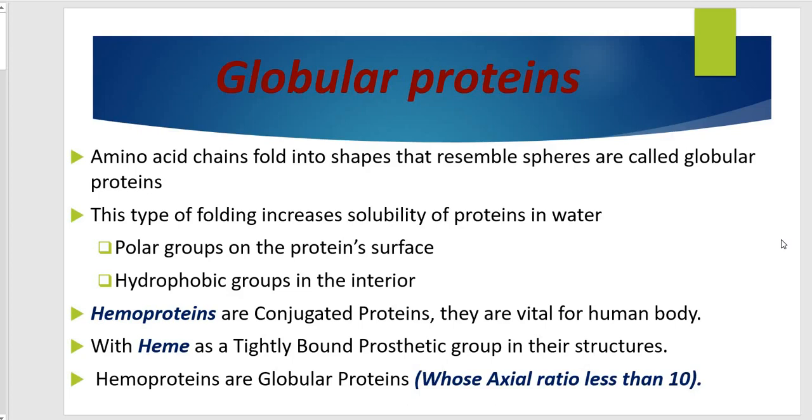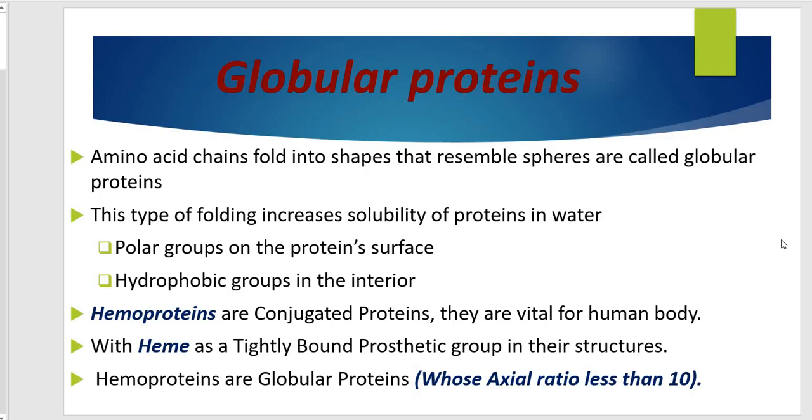Hemoproteins are conjugated proteins. What is the meaning of conjugated? It means that it has a protein part and a non-protein part. Its protein part is called globin, and the non-protein part is the heme prosthetic group, and they are vital for the human body.